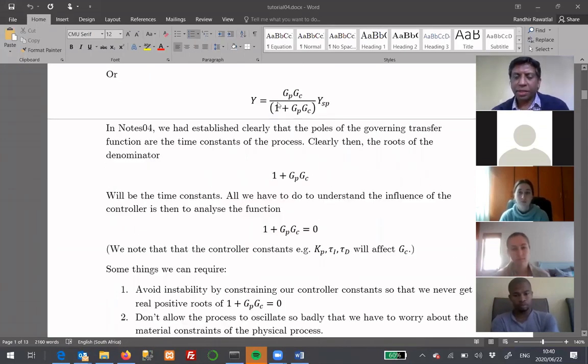Okay, if not, so that's the form that we have now. And like we said last time, the poles of the transfer function, in other words, the values of s where the function goes to infinity, those turn out to be the time constants in our process.